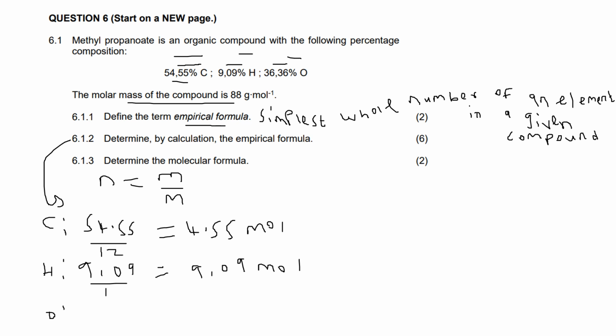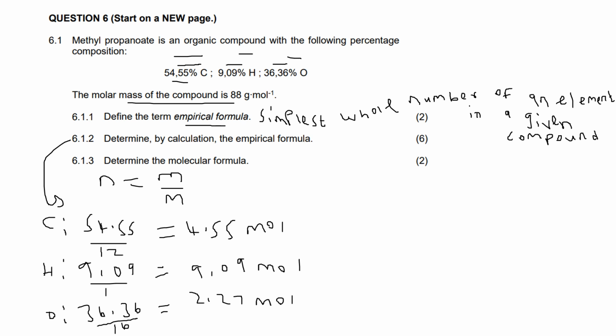Oxygen is given as 36.36, and then you divide that by the mass number of oxygen, which is 16. Then 36.36 divided by 16 is giving me 2.27 mole. So I'm getting 2.27 mole as my oxygen there.